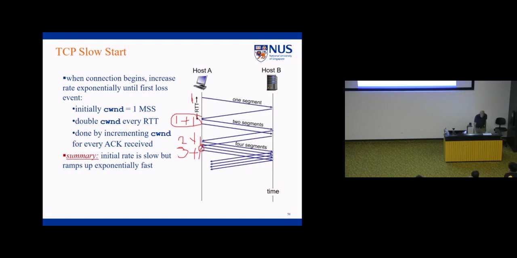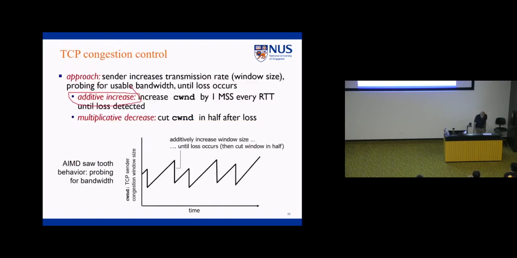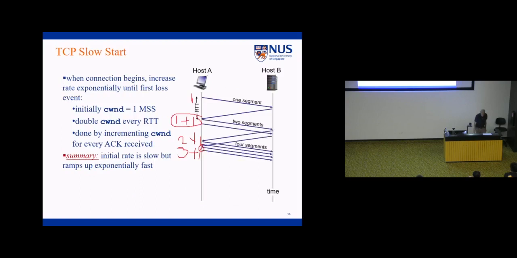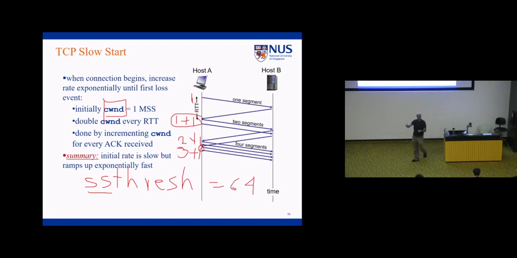There is also another variable. Just like you maintain this, there is another thing called SS thresh, which stands for slow start threshold. And usually it will be something like 64, let's say, or 32, which says you can double. You go from 1 to 2, 2 to 4, 4 to 8.